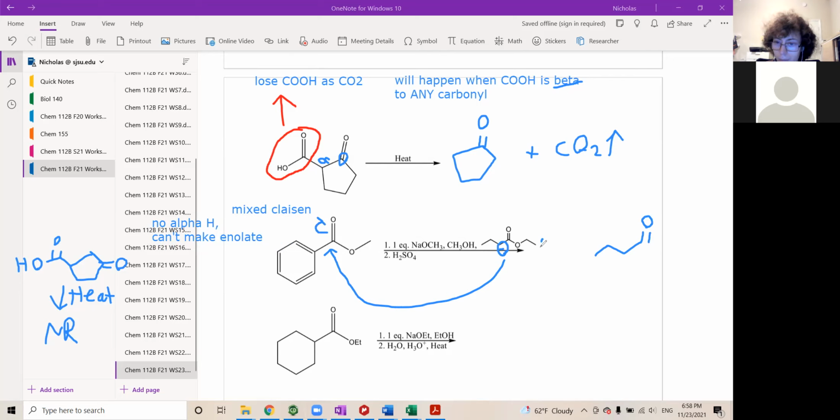Oh, and this is a little bit of a detail. I don't think it's super important this semester, to be honest, because he hasn't been emphasizing it. But the base we use when we're working with esters should match the ester. This is a methyl ester, there's a methyl group attached to that oxygen, so we use a methyl base.